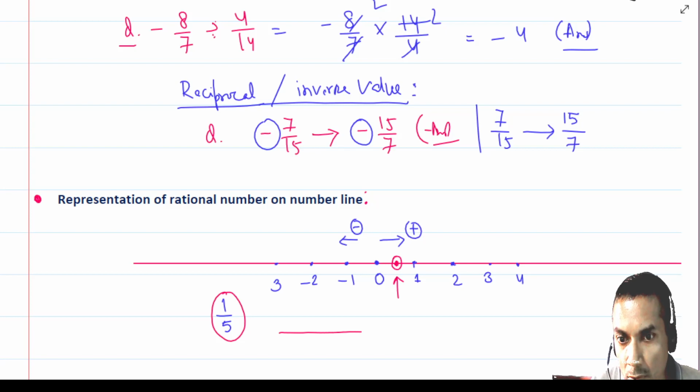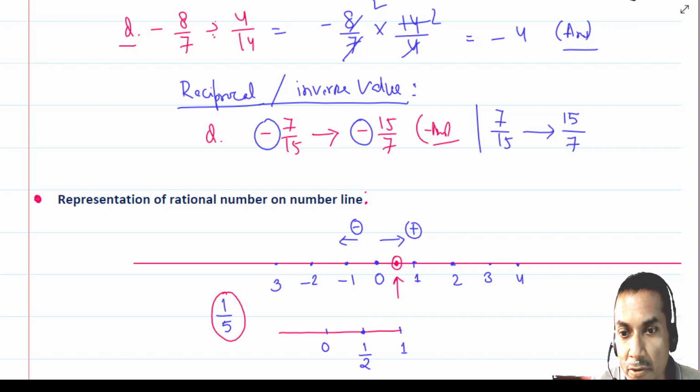Just in the middle of 0 and 1. So what you have to do, you just draw the number line, one straight line, and put the 0 value here and 1 here, and split it into two equal parts. In this location it will be 1/2, just half.